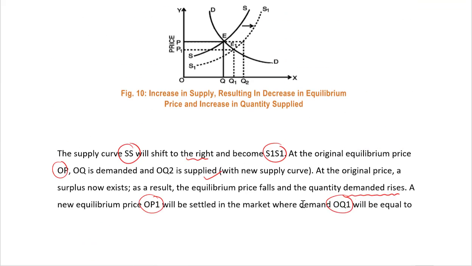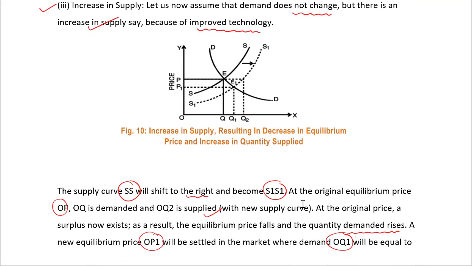demanded will go up. Just see over here, the supply has increased from SS to S1. The demand remains the same. That means what? Because of the increase in supply in the market, the price will fall from OP to OP1.